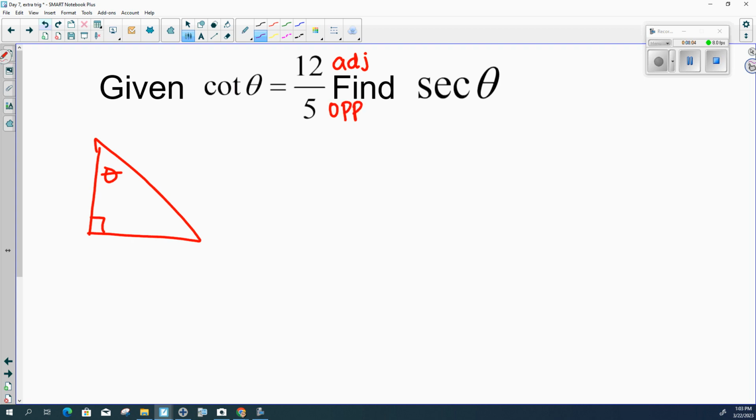So I can use that information to label my triangle. My adjacent side is here. My opposite side is here. So far all we've done is write down the problem. Looking at our formulas, we've distinguished what these are, what we are being given, and put them on the picture.